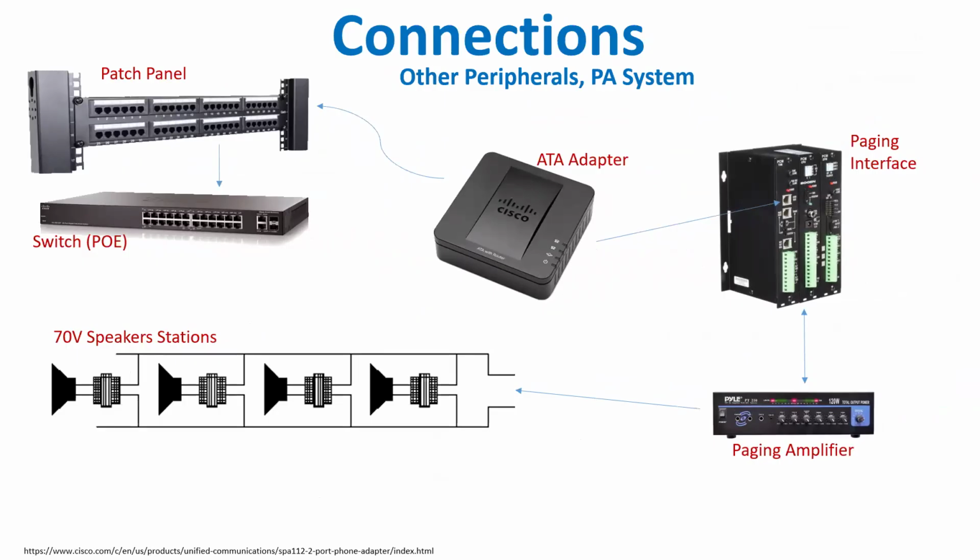Other connections. Well, we still have to have a PA system in the big facilities. We just have to. And let's say you have an existing PA system going on. You're switching the client from the conventional phone system into the VoIP. But they already have a PA system established with all the speakers installed and amplifiers and paging interface.